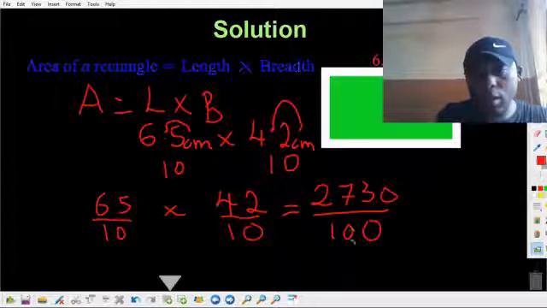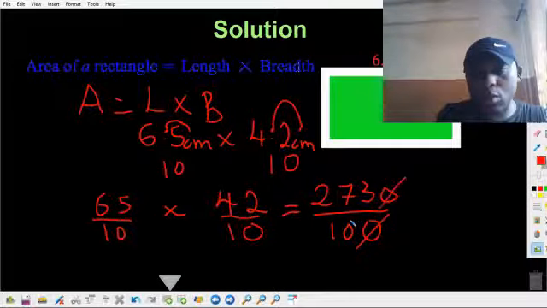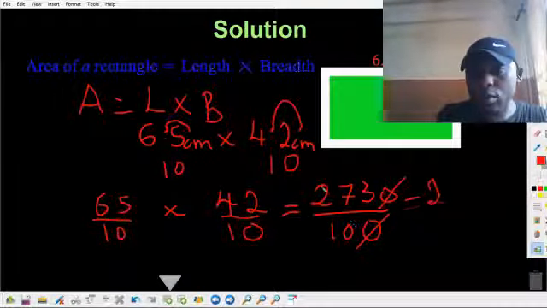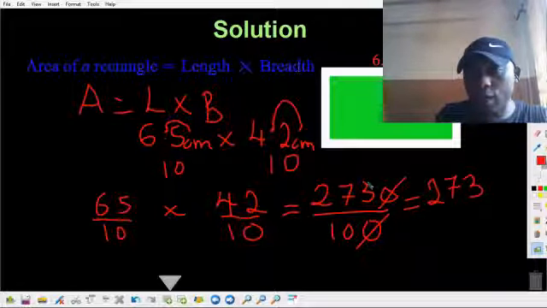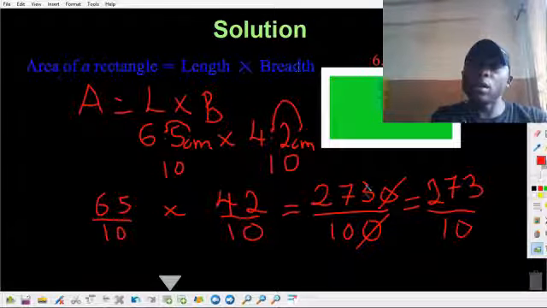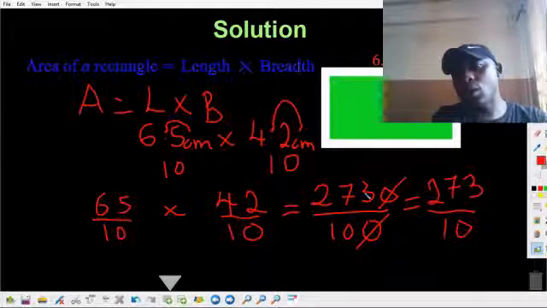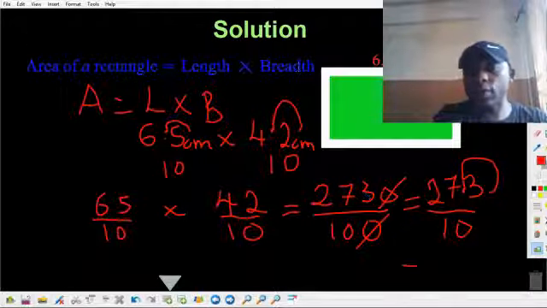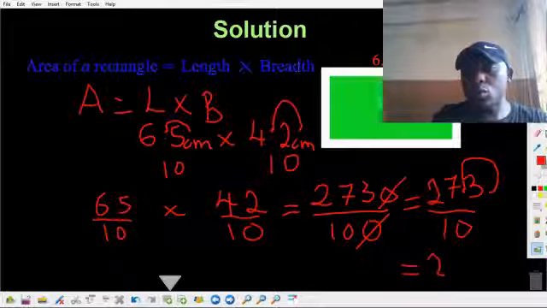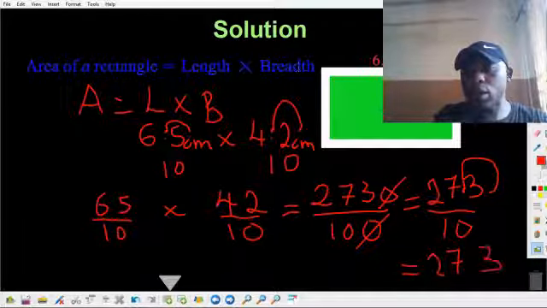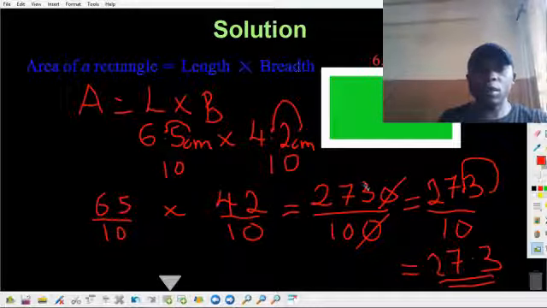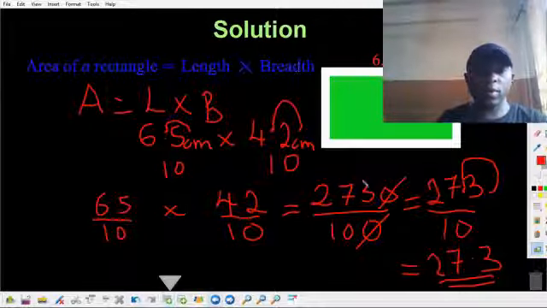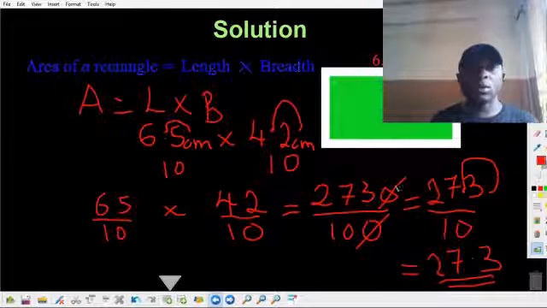Now you cut 0, you have 273 over 10. Now over 10, what's the next thing to do? You count one decimal point, that is, we have 27.3, and we have it as what option?